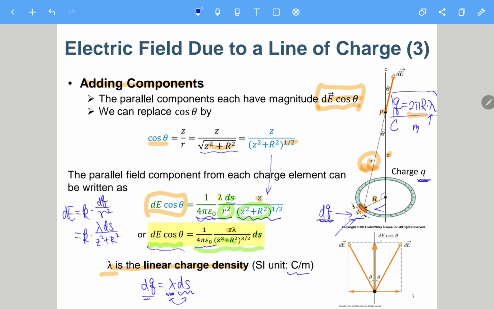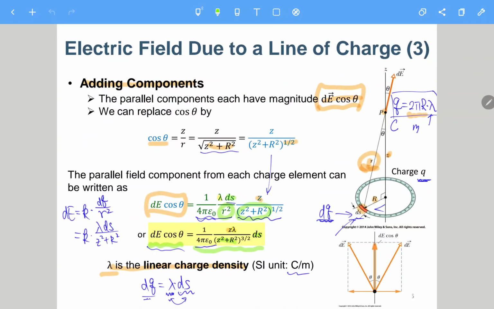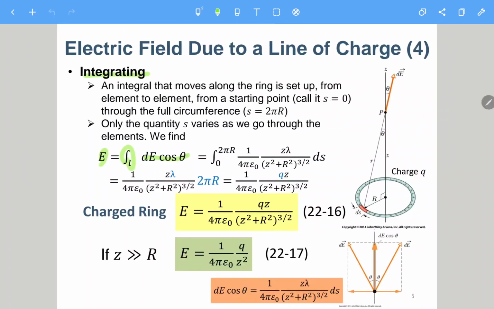So this is the small part, and finally we add all of them together to find the total E field generated by the charge ring. The last part is the integration. We try to add all of them together. So the total E will be the integral of dE cosine theta. dE has the expression of this one, so we just put it here.